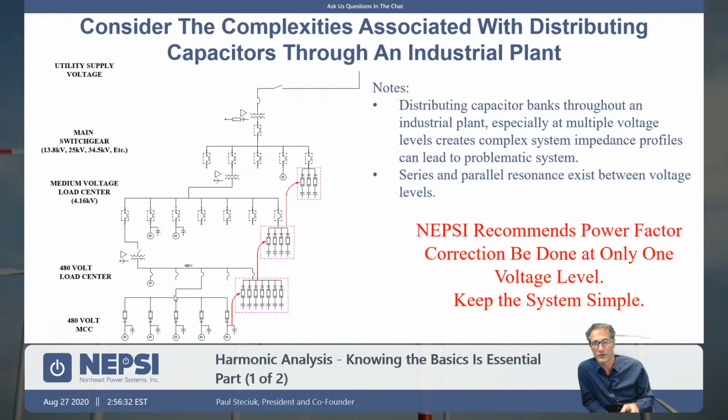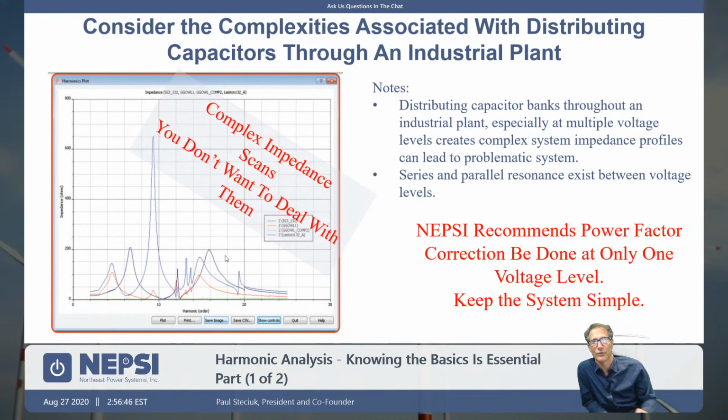So our philosophy here is you should pick a load level to do your power factor correction and keep all the capacitors at one voltage level, and determine whether those capacitors should be harmonic filters or plain capacitors. I have this curve here, and I just took this off the web, but impedance curves can get very, very complex.